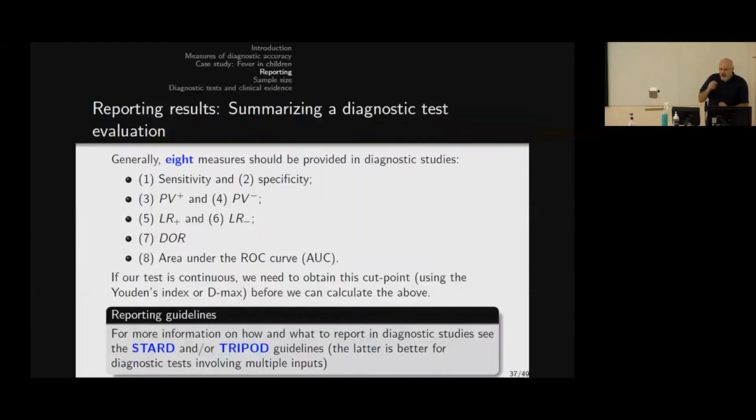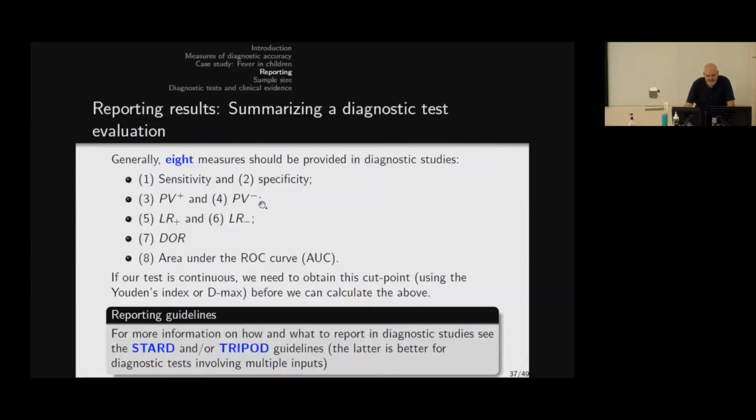Okay, so if we were going to report this, say we wrote this up in a paper, these two diagnostic tests, there are generally 8 measures that we should provide for each test that we do. And the most important are sensitivity and specificity. We can give the overall accuracy if we like, but sensitivity and specificity, really, they are clearly the most important.